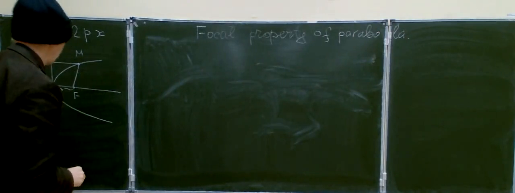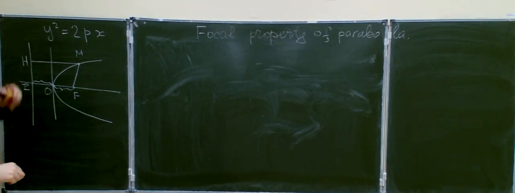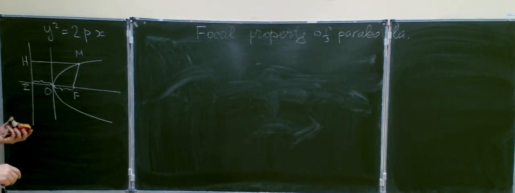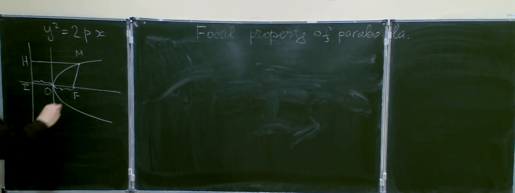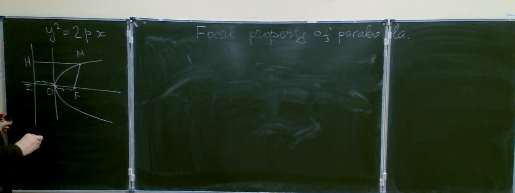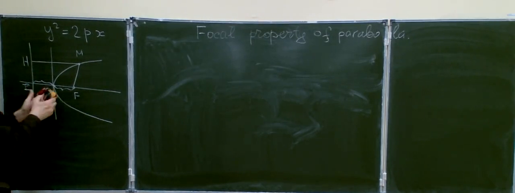Again, assume that our parabola is made of some light reflecting material, and assume that at the point of its focus we place some source of light.